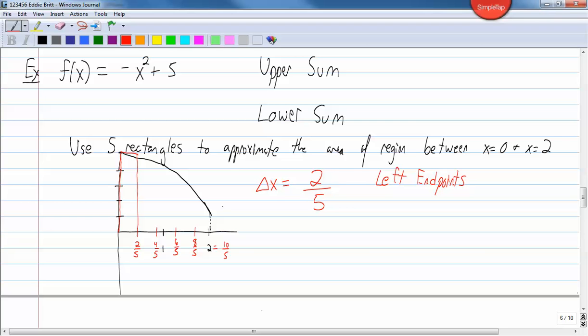Alright? And I started on the left using left endpoints. Now, the next rectangle on the left starts right here, and it's 2/5 units wide. The next rectangle, again, 2/5 units wide.